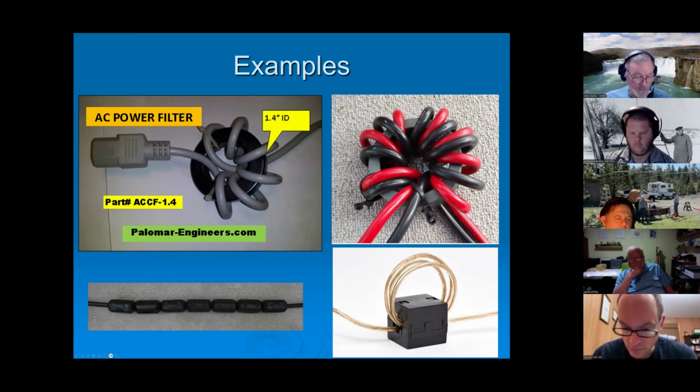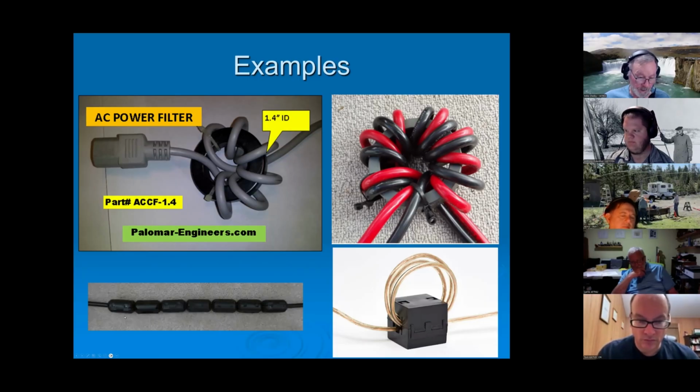Down the lower left, these are actually clamp-ons, but you can use these as slip-ons. Slip-ons are cheaper to do it this way. You can take a piece of coax and just slide on a bunch of your ferrites there, and then just put connectors on both ends of it, and that's how a lot of inexpensive types of RF chokes are made.